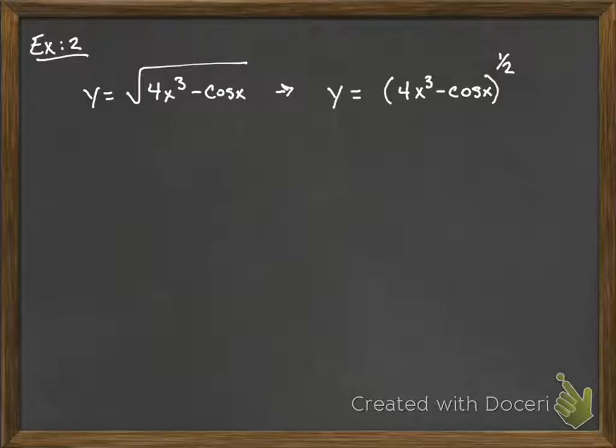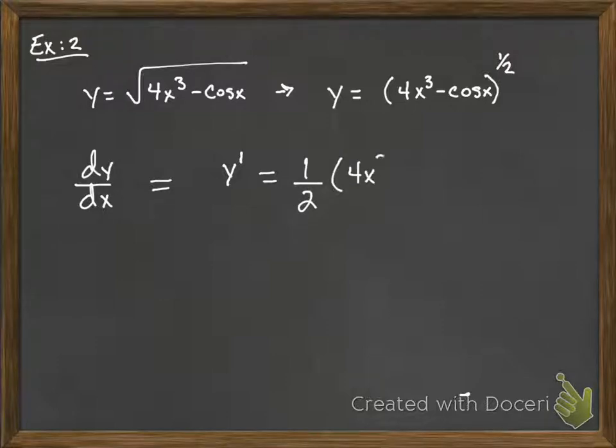Okay? So if I take y prime, which remember is the same thing as saying dy dx, those are equivalent. Y prime is equal to 1/2 times all of this stuff in here. 1/2 minus 1 is to the negative 1/2 power.